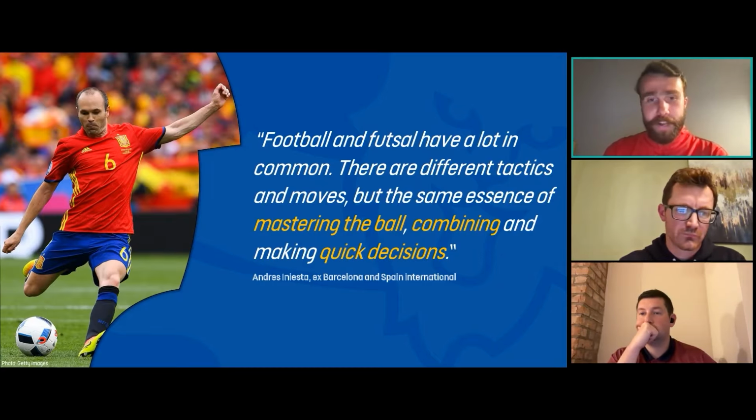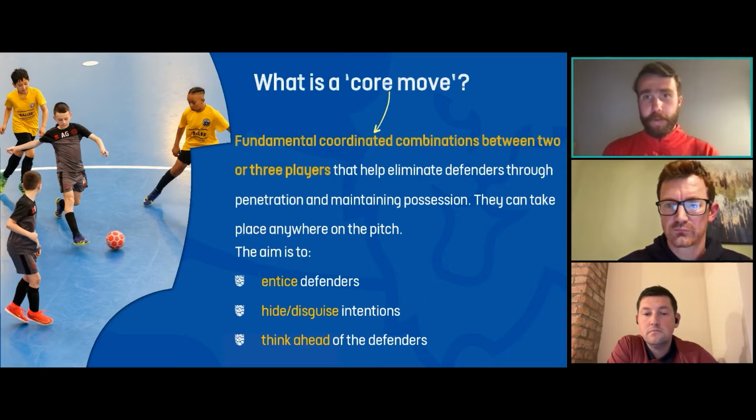This is now about the importance of those 2 and 3 player core moves. So we're going to go through a selection of them in terms of definitions, and then some applied examples of what they look like in action from a different age and stage of development. So we'll highlight as we go. Where we're going to start is what is a core move. We spoke about it being a fundamental coordinated combination.